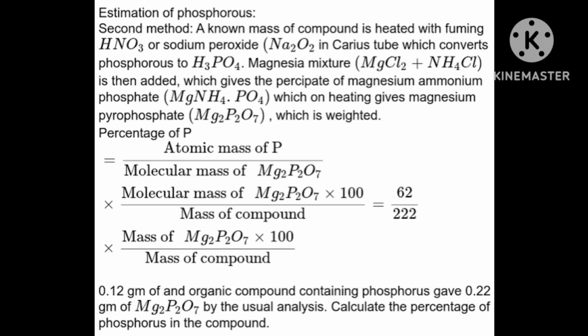Phosphoric acid is precipitated in the form of ammonium phosphomolybdate by adding ammonia and ammonium molybdate. Phosphoric acid plus ammonia plus ammonium molybdate, then you will get ammonium phosphomolybdate, correct? This is the one method.